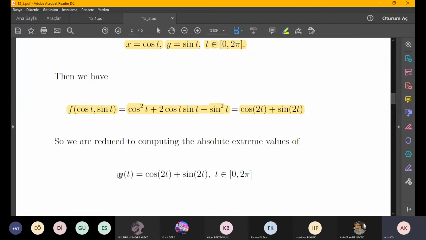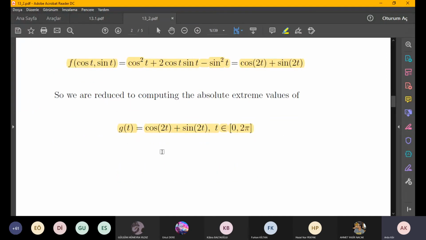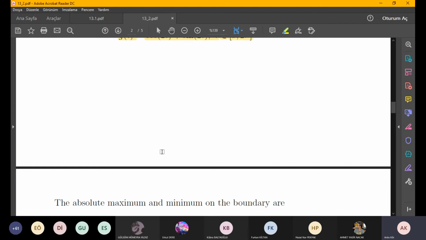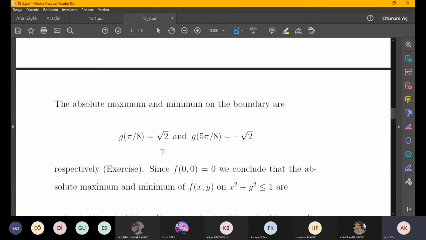After that, it is directly the same steps that we have seen for one variable. The absolute maximum and minimum values on the boundary, if you compute the extreme values, will be square root of 2 and minus square root of 2.